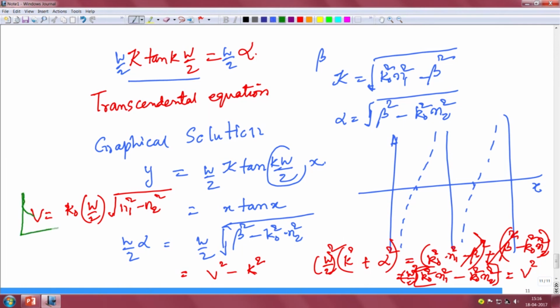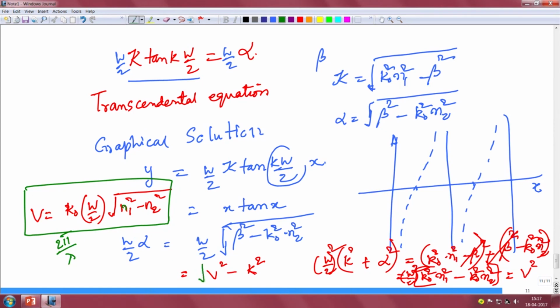So, this is called the V parameter of the waveguide. This V parameter contains the waveguide width, the refractive index contrast, and through k0, which is equivalent to 2 pi by lambda, it represents the operating frequency.